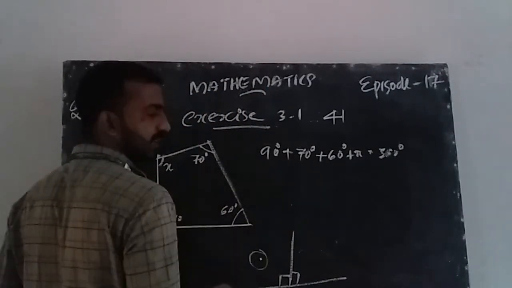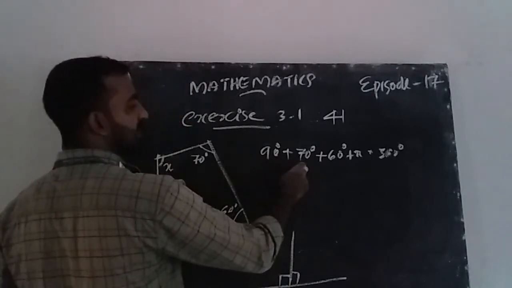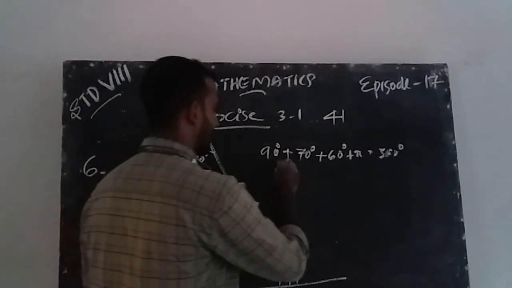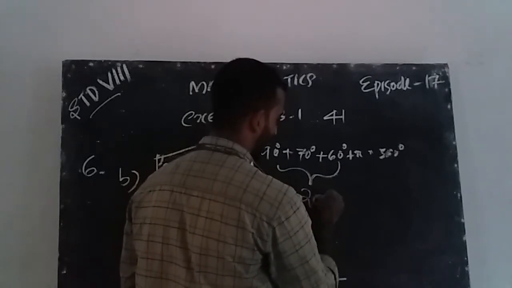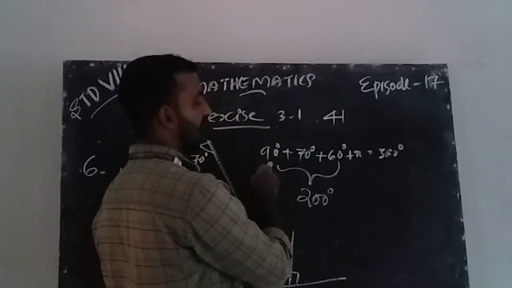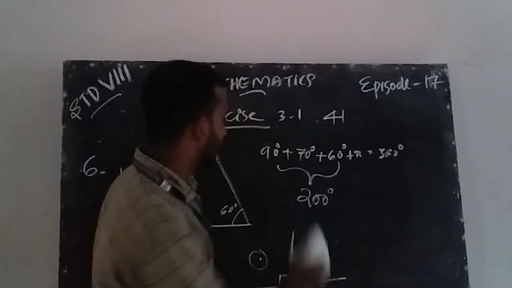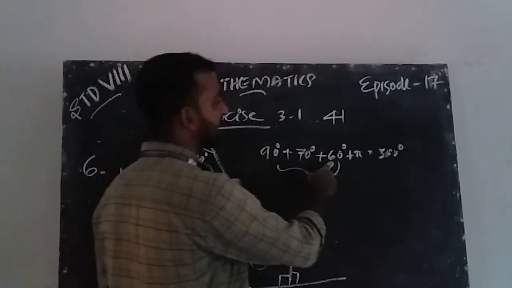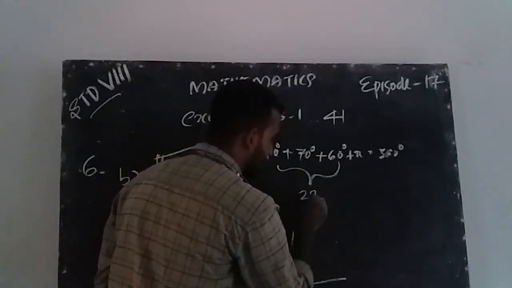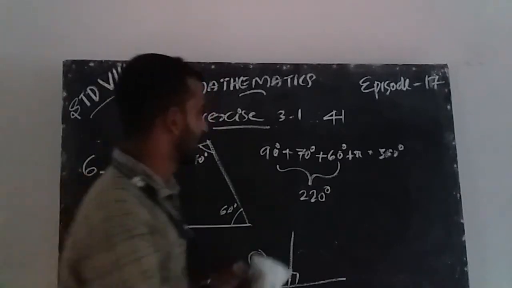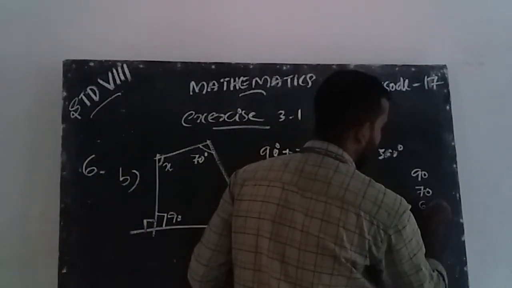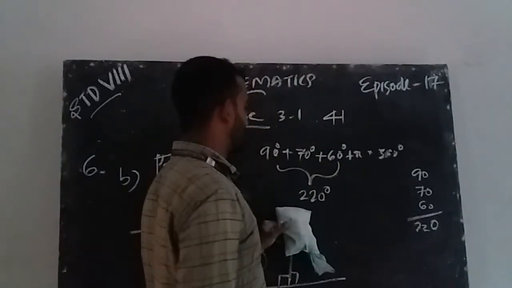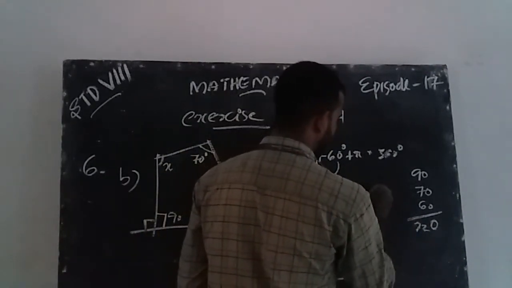Sorry, 90 degree plus 70 degree we get 160 degree, and here is 60 degree, that is 220 degree we get. 220 degree plus x equal to 360 degree.